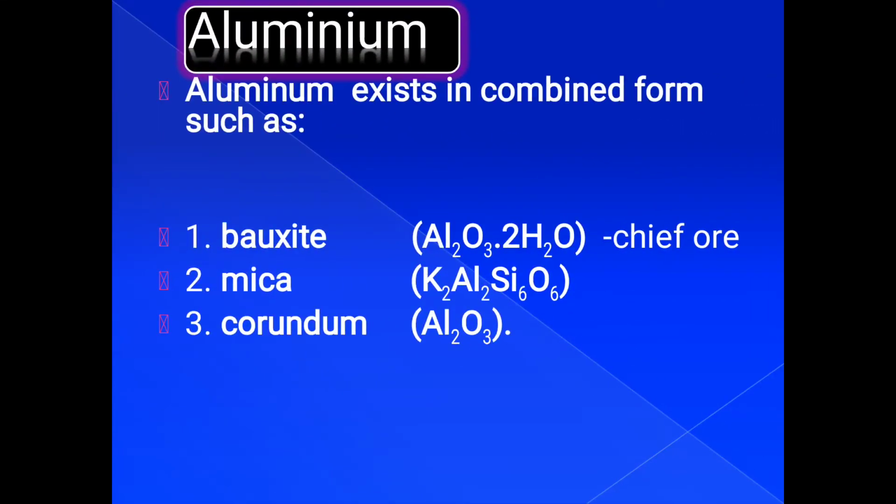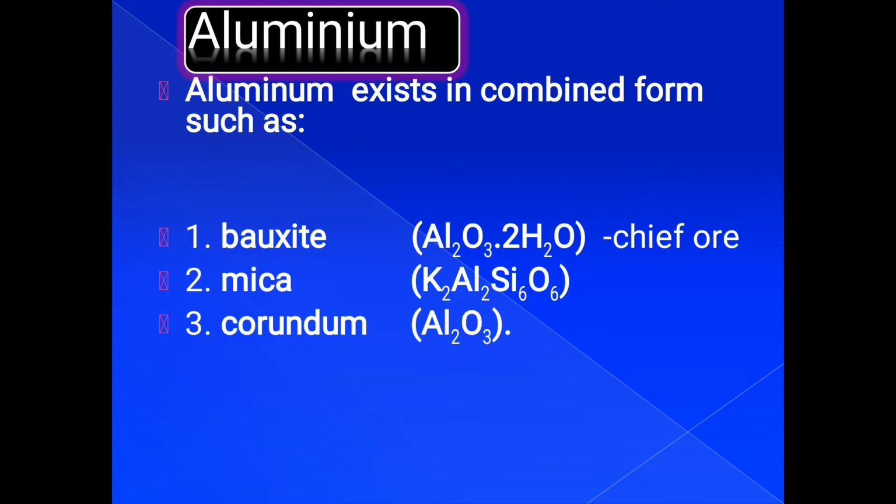We look at the next metal, which is aluminium. Aluminium exists in combined form, such as bauxite, with the formula that you are able to see here. Remember that bauxite is the chief ore. We said that a chief ore is an ore from which a metal is basically extracted.